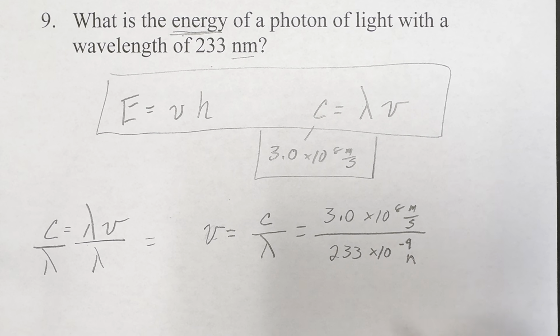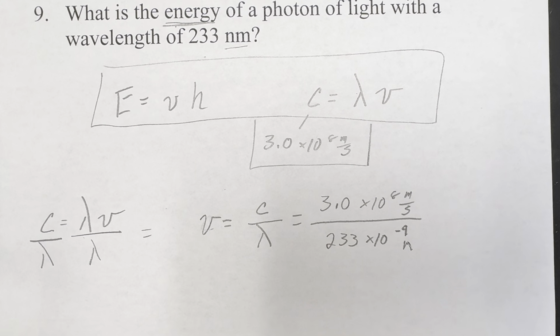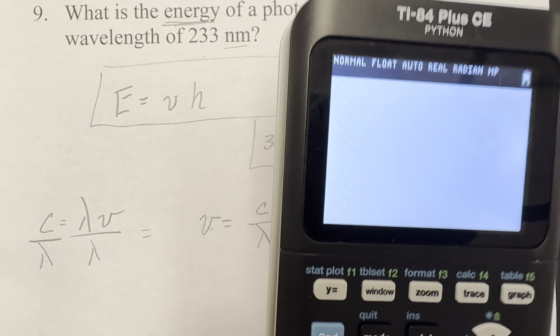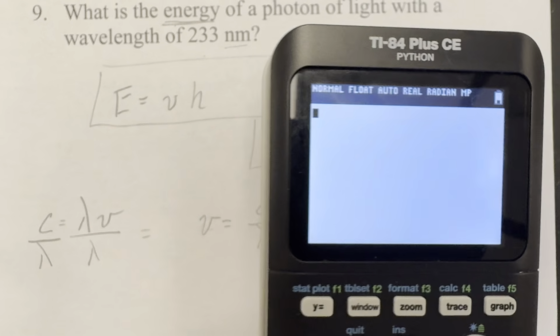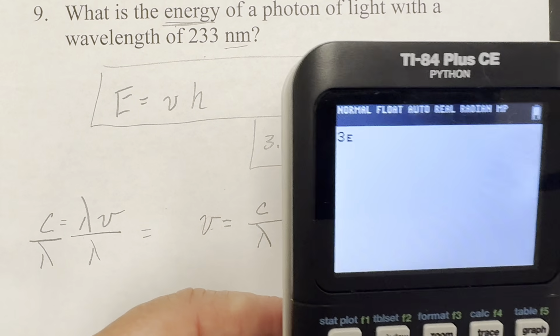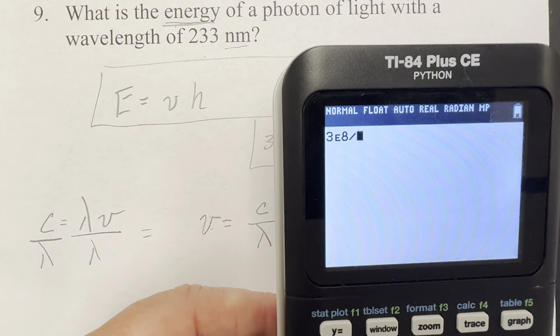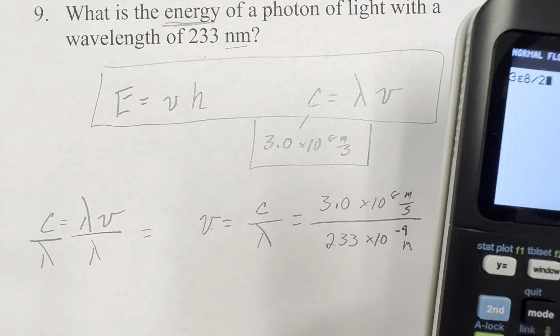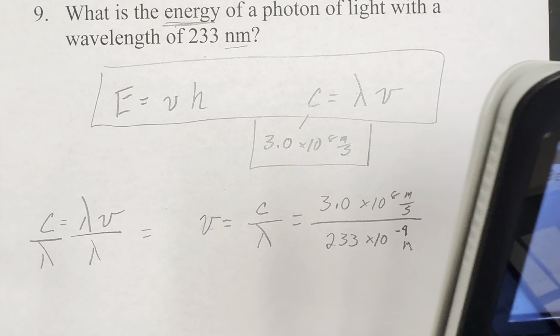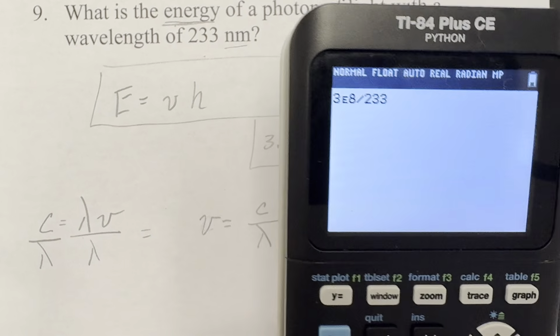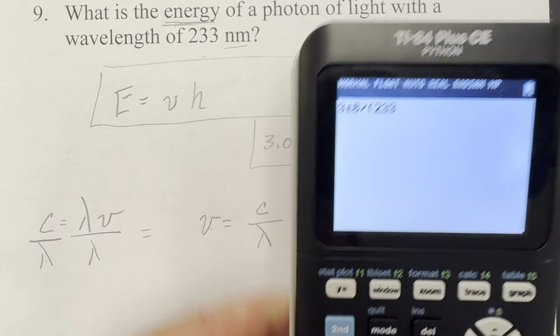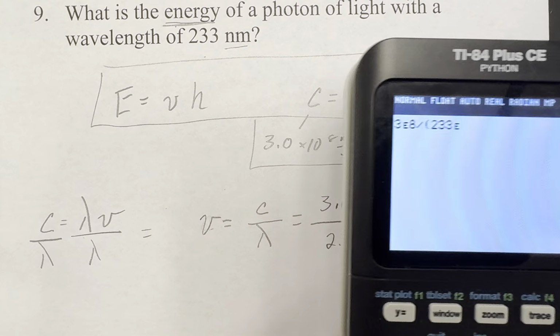When you put these into your calculator, just a reminder, please make sure you're putting these numbers properly into your calculator. 3 second E8 divided by, and this is 233. Actually, I like to use parentheses, so parentheses, 233 second E negative 9.